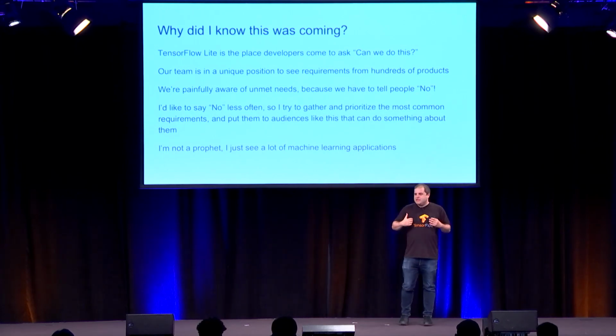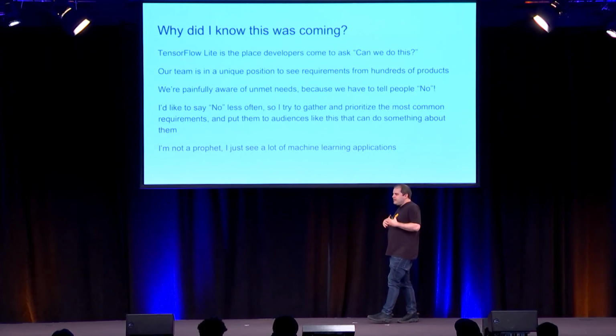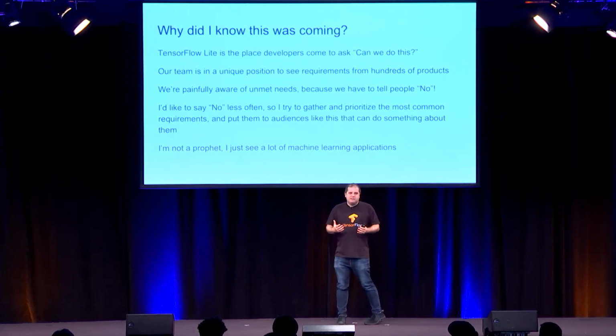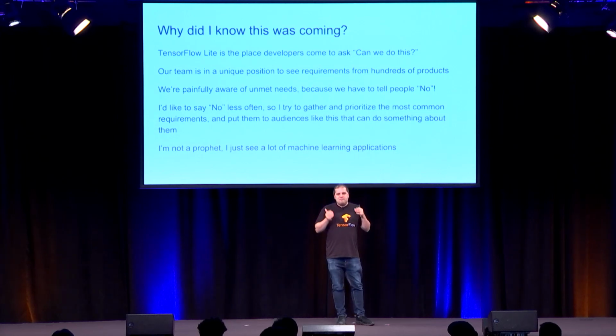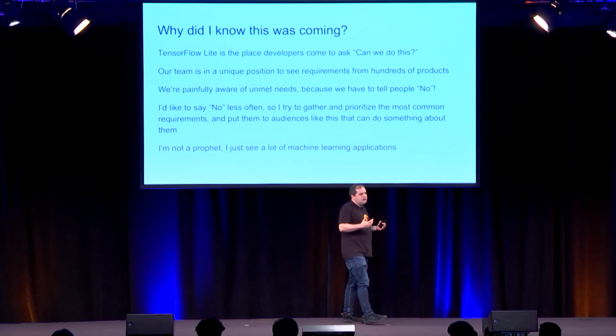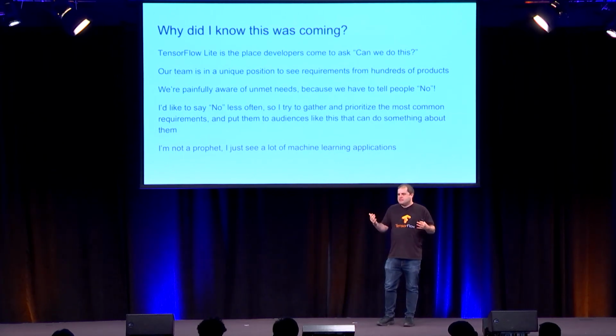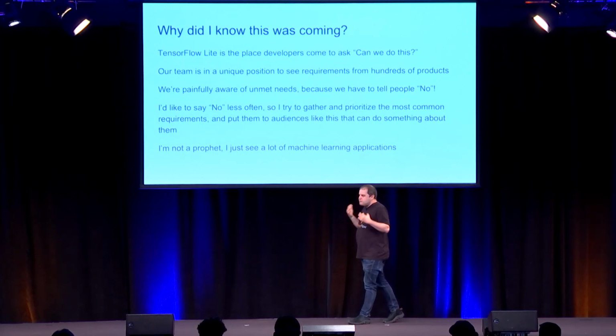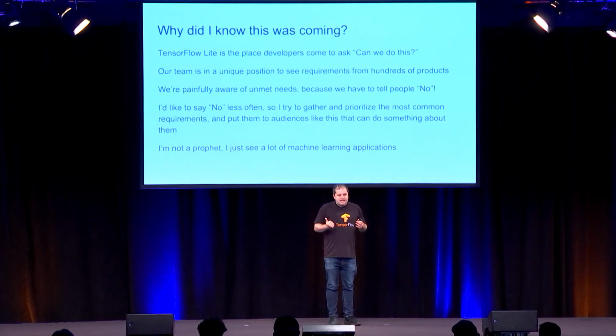A lot of the time we can say yes, and we can point them to ways to do this. But when we can't, I really like to remember those unmet needs and use them to prioritize not only what we're working on, but what we're asking our partners at places like Arm to focus on as well. I would love to say no less often.